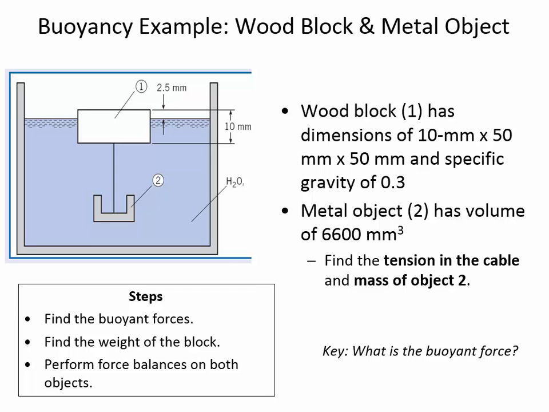Both the buoyant force and the weight depend on the volume of concrete. And so what you're going to say is the buoyant force is up, the tension is up, and the weight is down. So the tension plus the buoyant force are going to equal the weight. And what's the formula for buoyant force? It is the volume displaced times the unit weight of water.